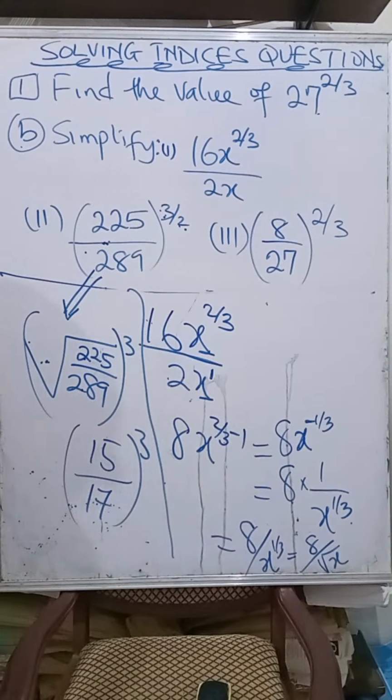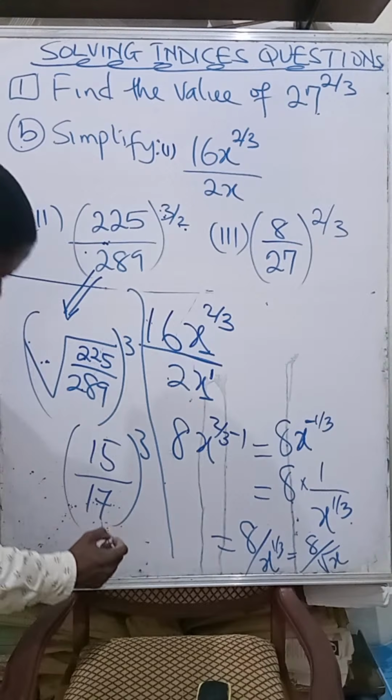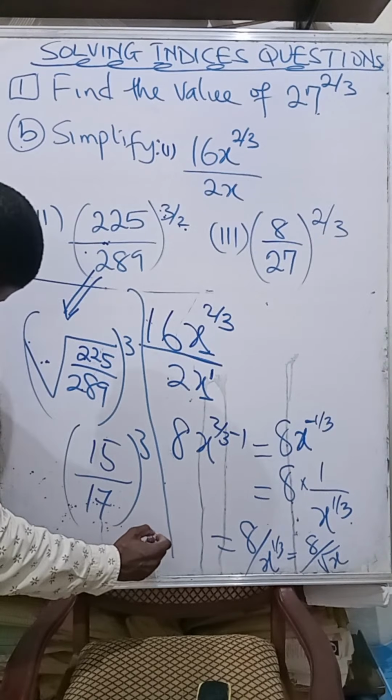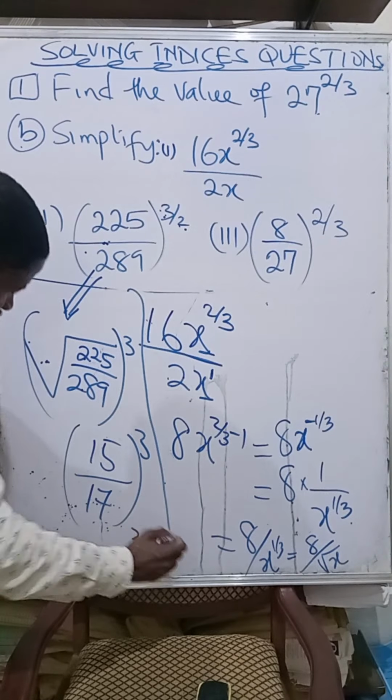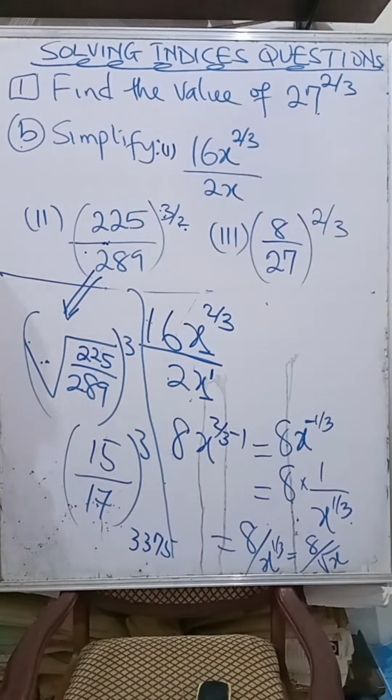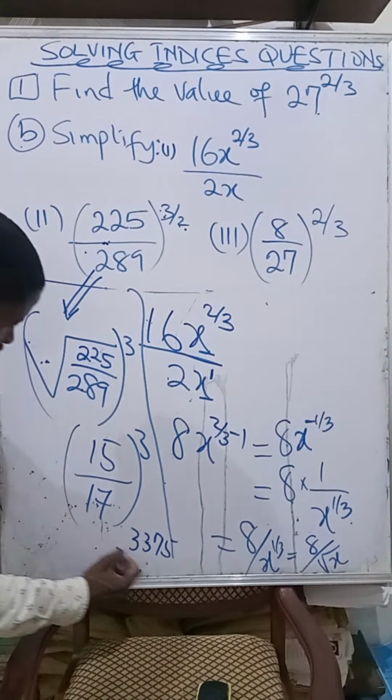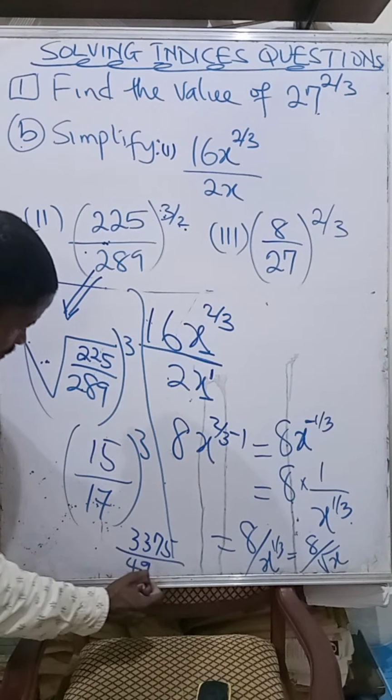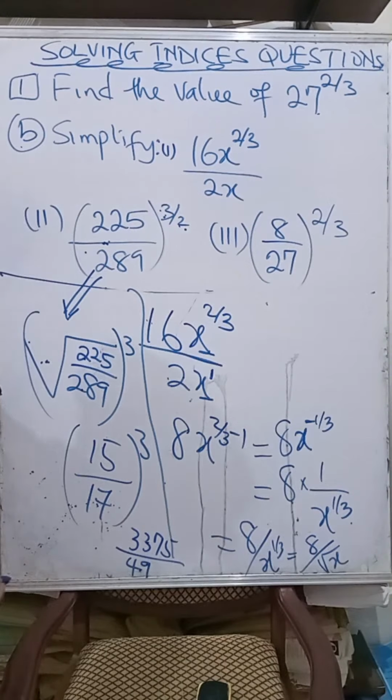That's 3375. 17 to power 3, that's 4913. So that's done.